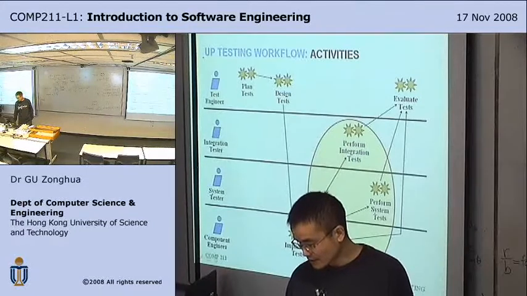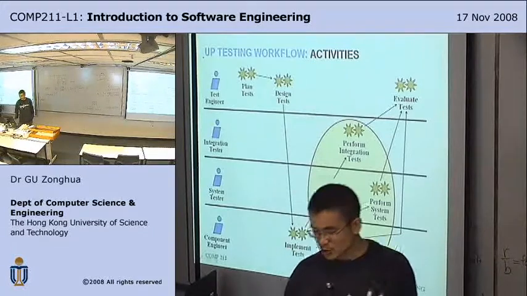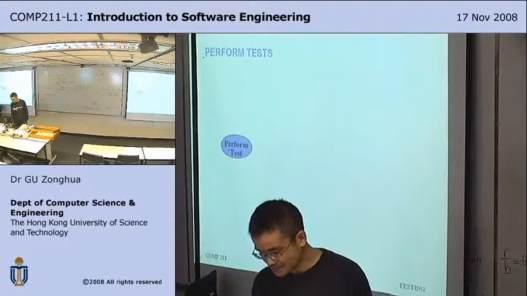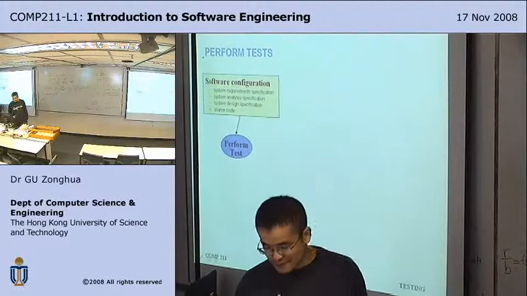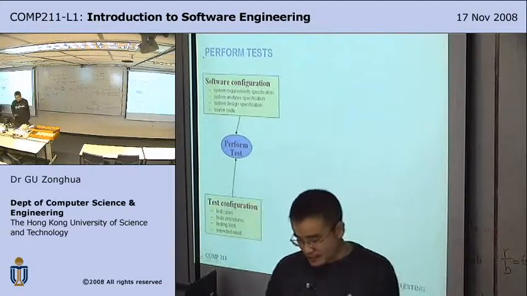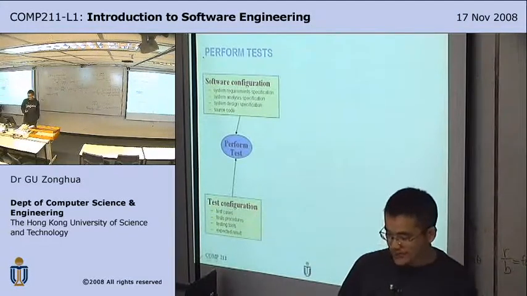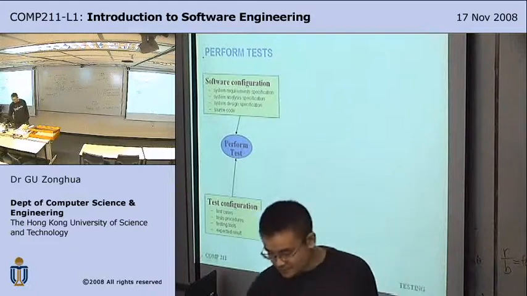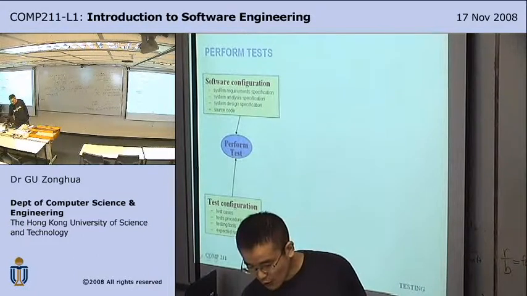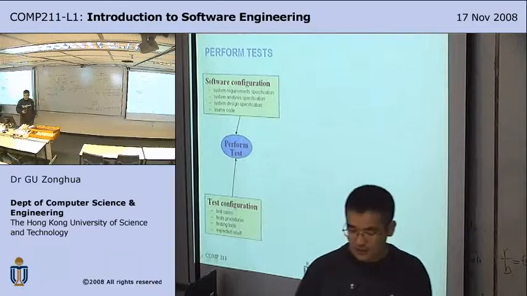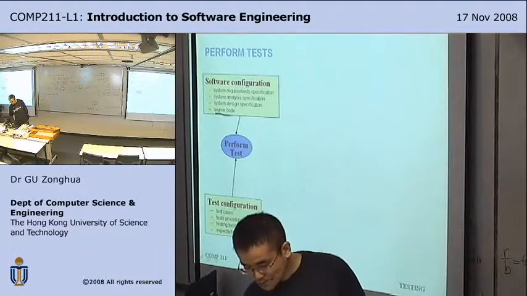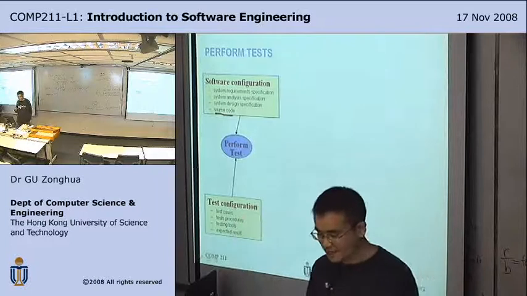Then we distinguish between unit tests, system tests, and integration tests. To perform tests, you take as input the software configuration and test configuration. Software configuration includes the requirements analysis and design documents, and source code, which are used for white box testing but not for black box testing.